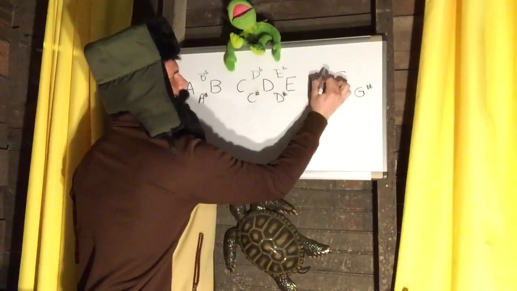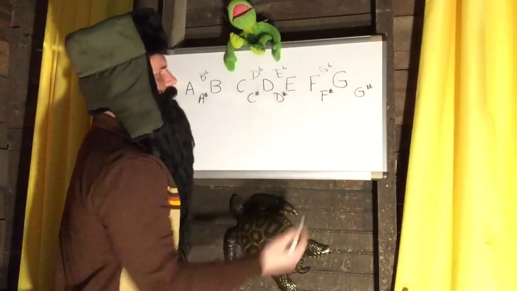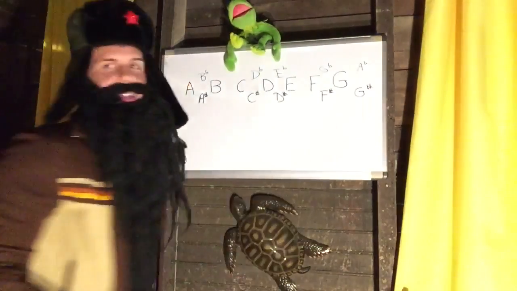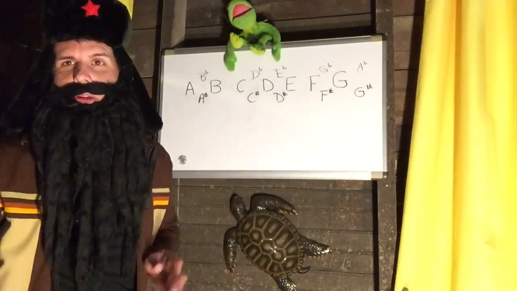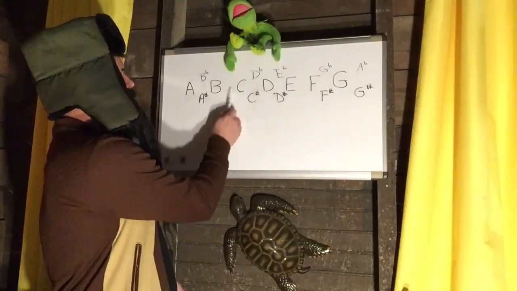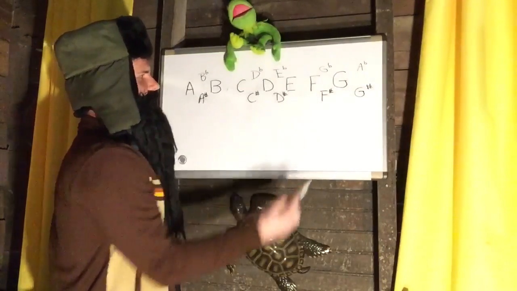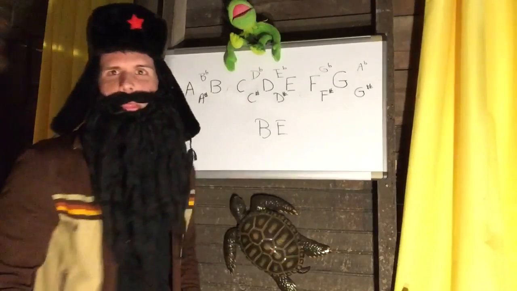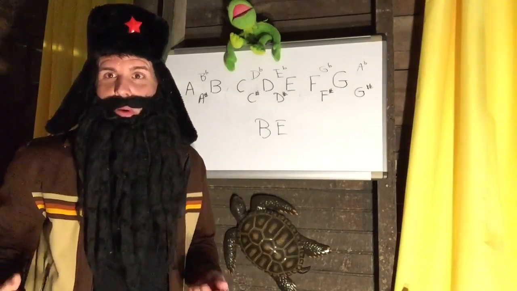F sharp, aka G flat. And G sharp, aka A flat. As guitar players, you can call them either one you want. It doesn't matter, but a handy dandy trick to remember that there's no such thing as B sharp and there's no such thing as E sharp is to say, be sure never to say B sharp or E sharp.